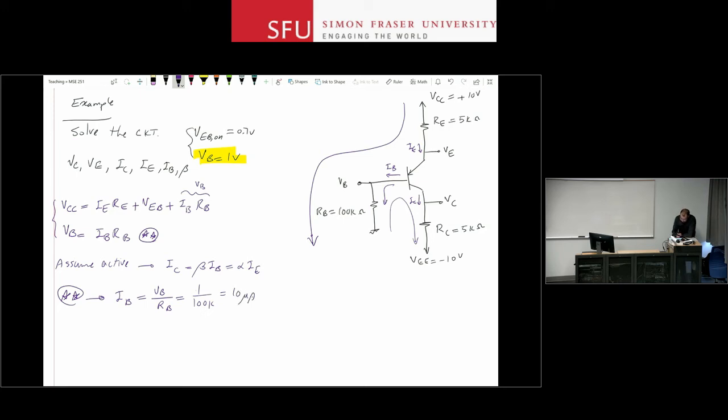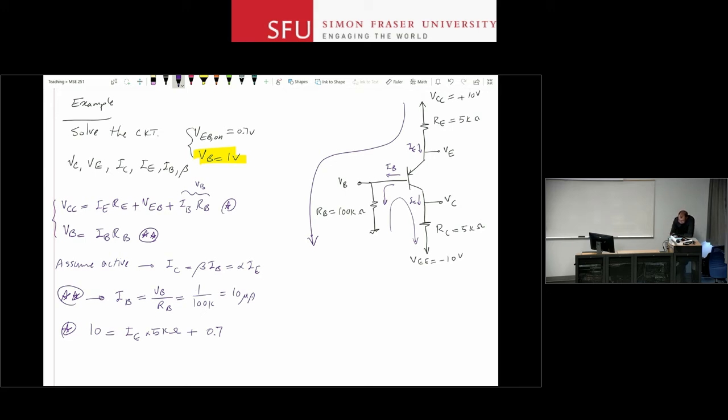Good. What does the first equation tell me? The first equation, I can put in the values there. 10 is equal to IE, RE. RE is already known, 5 kilo ohms. Plus VEB, I'm assuming is 0.7 volts. The diode is on. I have 10 volts on one side of the diode, 0 on the other side.